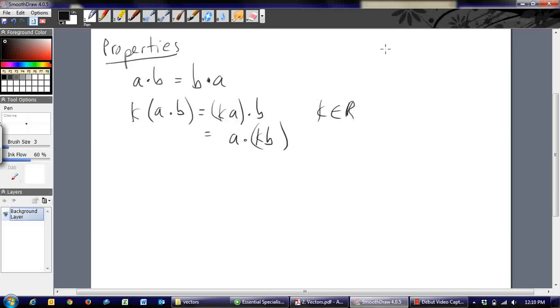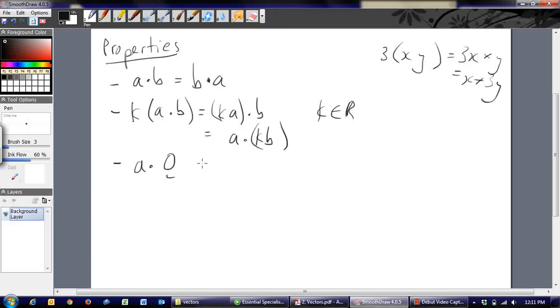The k can go wherever it wants. It's the same as if you've got 3 times xy. That would be equal to 3x times y, or x times 3y. It doesn't matter, okay? That's just what this is saying. It's intuitive.